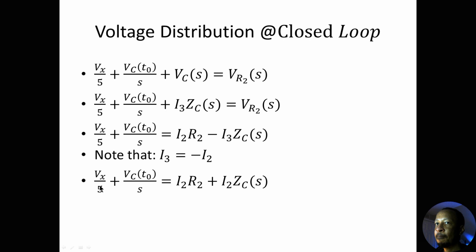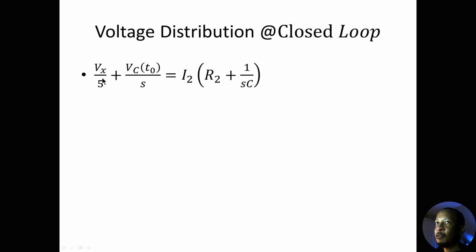Next we have Vx over 5 plus Vc of t sub 0 divided by S equals I2 times R2 plus I2 times Zc of S. So now we have Vx divided by 5 plus Vc of t sub 0 divided by S equals I2 times R2 plus 1 over Sc.